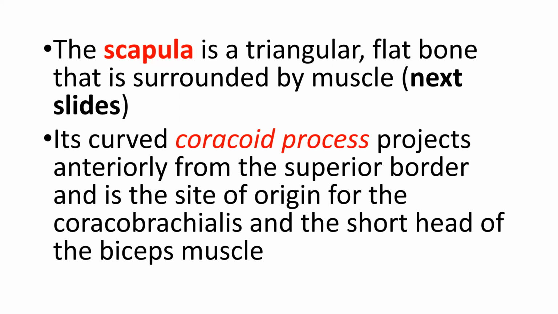It projects anteriorly from the superior border and is the site of origin for the coracobrachialis, as we spoke so much about, and the short head of the biceps muscles. So pay attention to this.